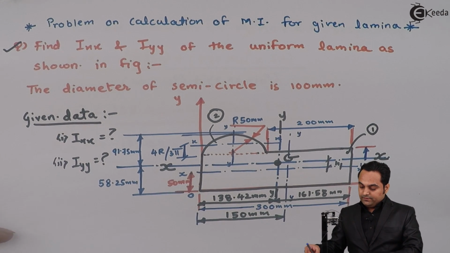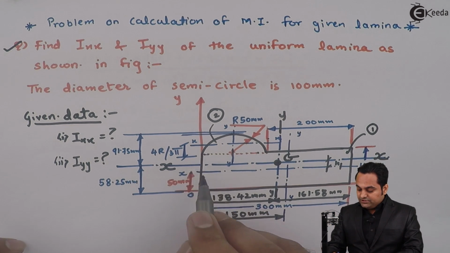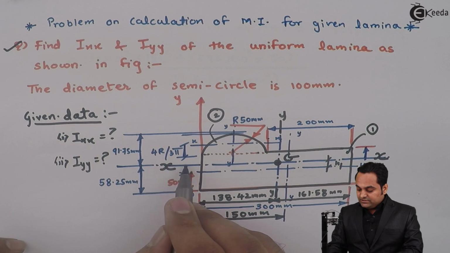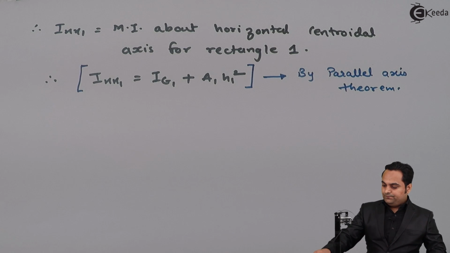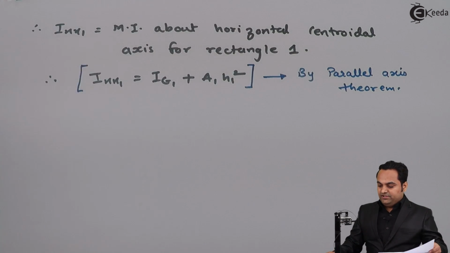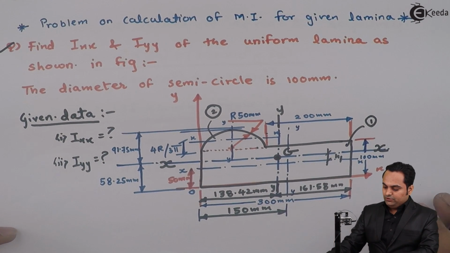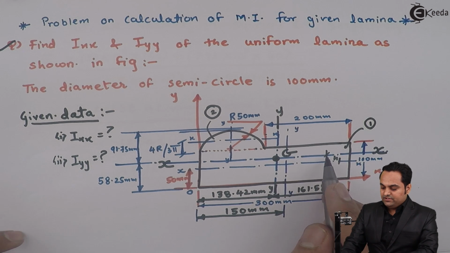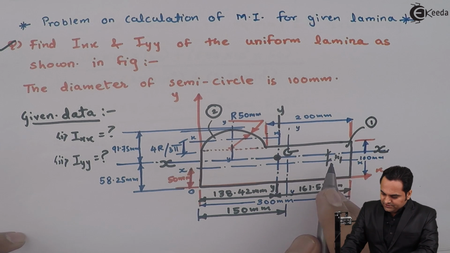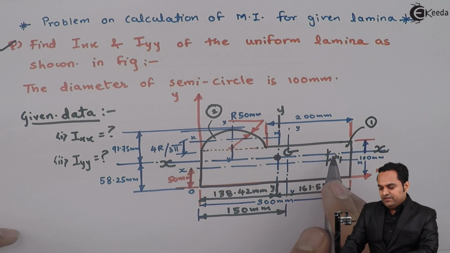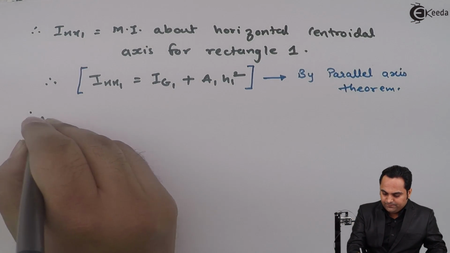So since there is distance between the two axes, we are calculating the moment of inertia for rectangle 1 about the x-axis of complete system, which is at 58.25 mm. Now if we see here in the diagram, here there is distance between the two axes as h1. If this distance is 0, then there is no need of parallel axis theorem. But since we have some distance, that is why we have to use the parallel axis theorem, and for that I have written the formula.